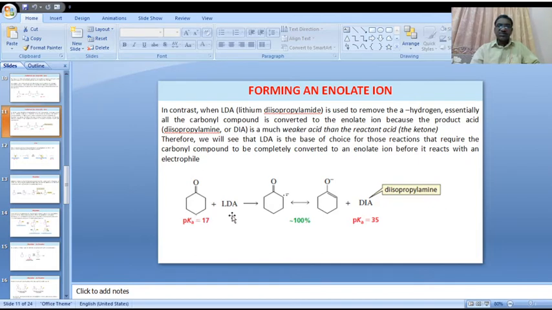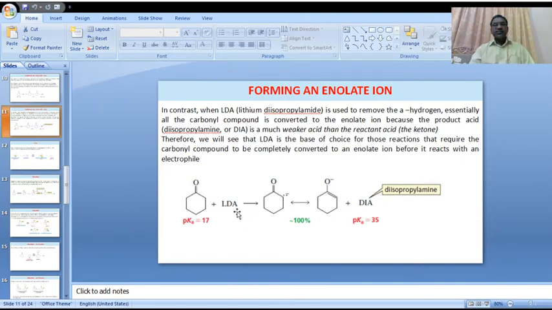In the presence of this reagent, formation of diisopropyl amine, pKa value 35, a greater pKa value. That DIA is a much weaker acid than the reactant, that is the ketone. Okay, therefore we will see that LDA is the base.